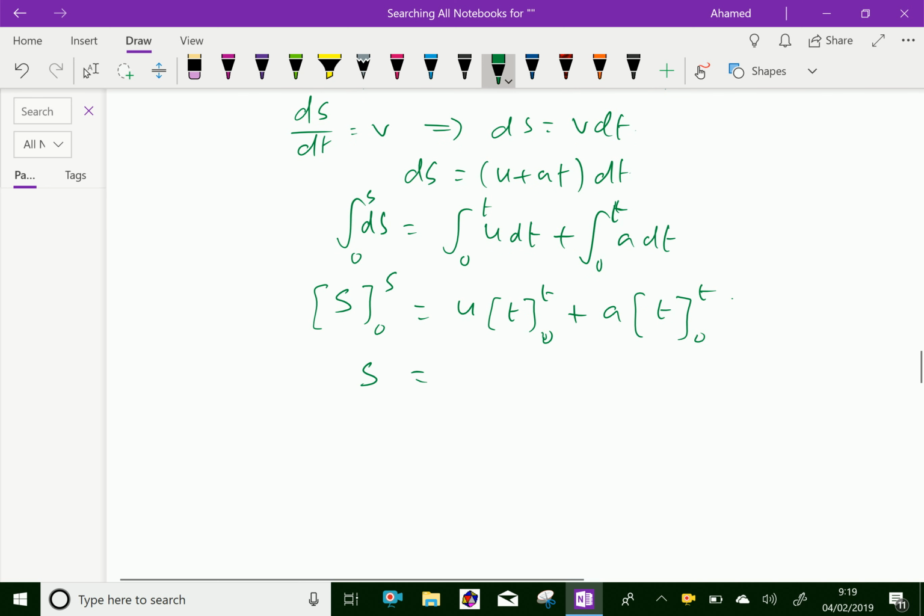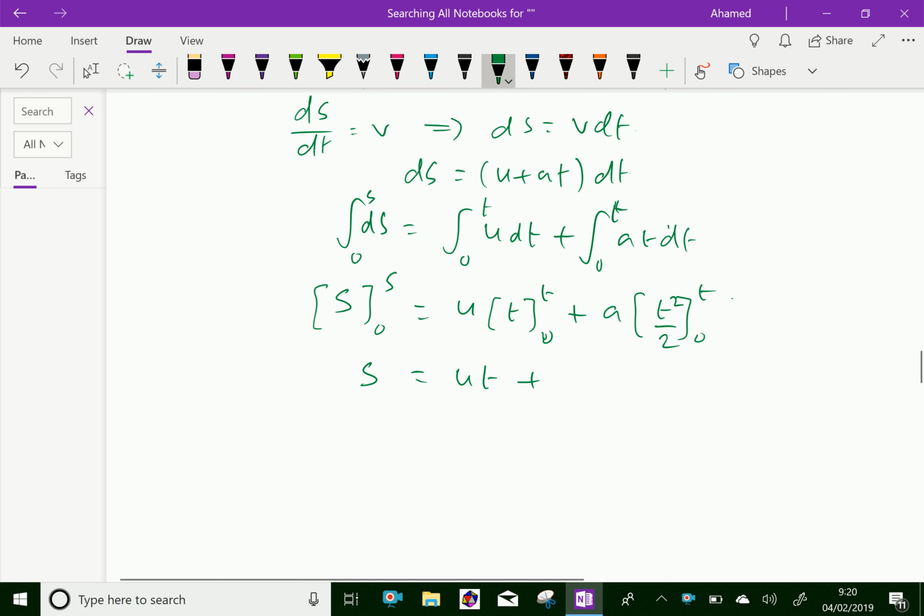Then ut with limit of t and 0 becomes ut plus, here also at dt becomes t square by 2.